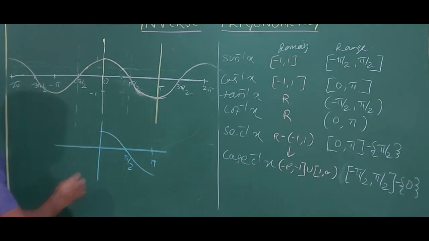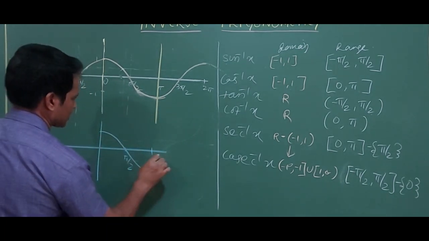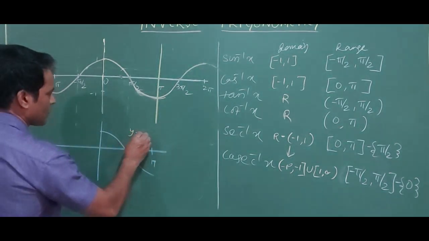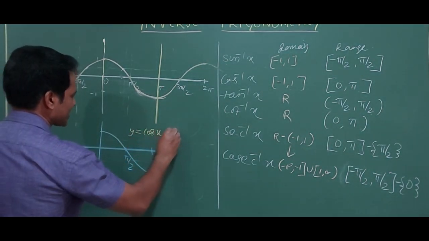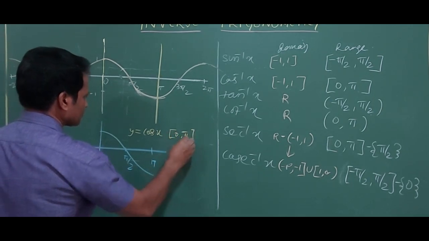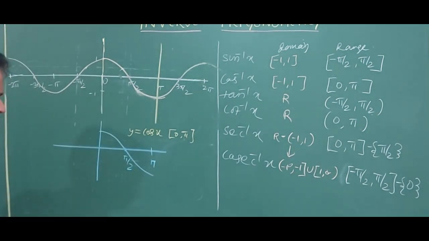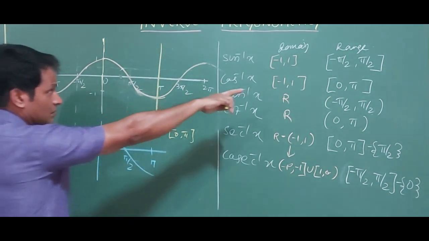Now draw a line parallel to the x-axis. How many points does it cut? Exactly 1 point. This is the graph of y equal to cos x restricted between 0 to pi. Now this is one-one. Again, this is the principal range for cos inverse x.